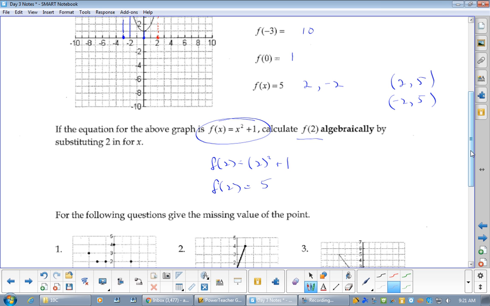So by looking at this, just like we said before, the answer to this function, when x is 2, equals the y value of 5.